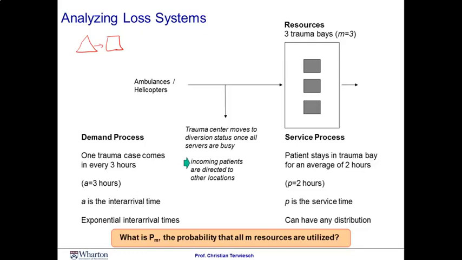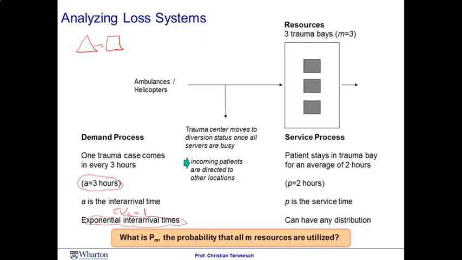Now let's analyze the situation. As before, we have a random demand process. Say, for sake of argument, a patient comes in every 3 hours. We will impose in this session that the CV_a is equal to 1 and that we're dealing with exponential inter-arrival times.